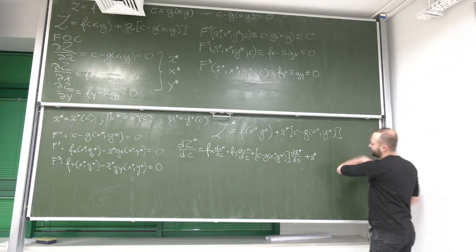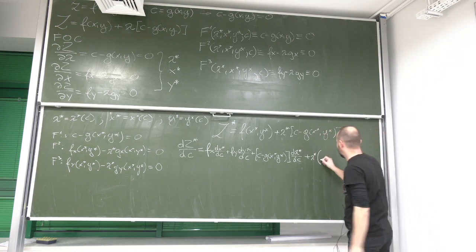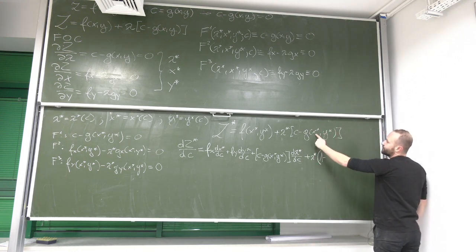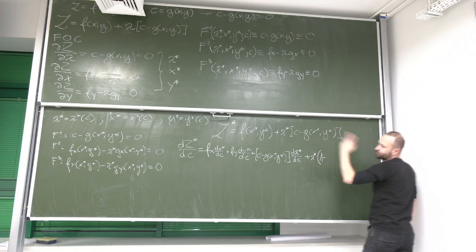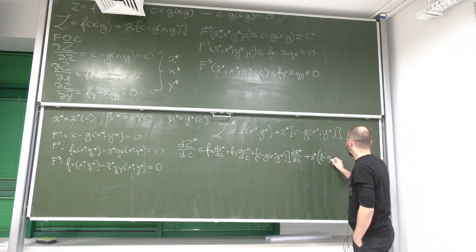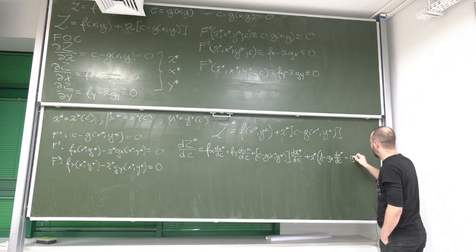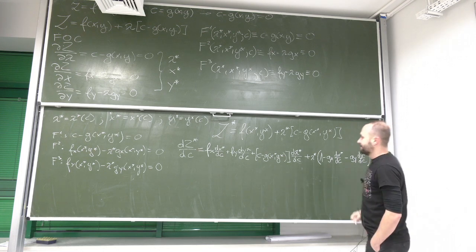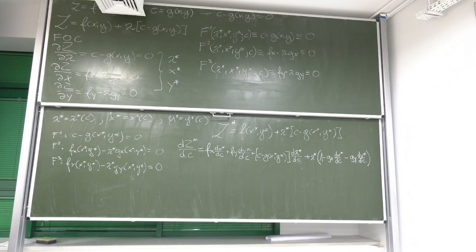And we differentiate this expression. And look, what do we get? If I differentiate this with respect to c, it's just 1. Then minus the derivative of g with respect to x times the derivative of x with respect to c. Similarly as over here, so we will have g_x dx/dc, and similarly for y, so g_y dy/dc.